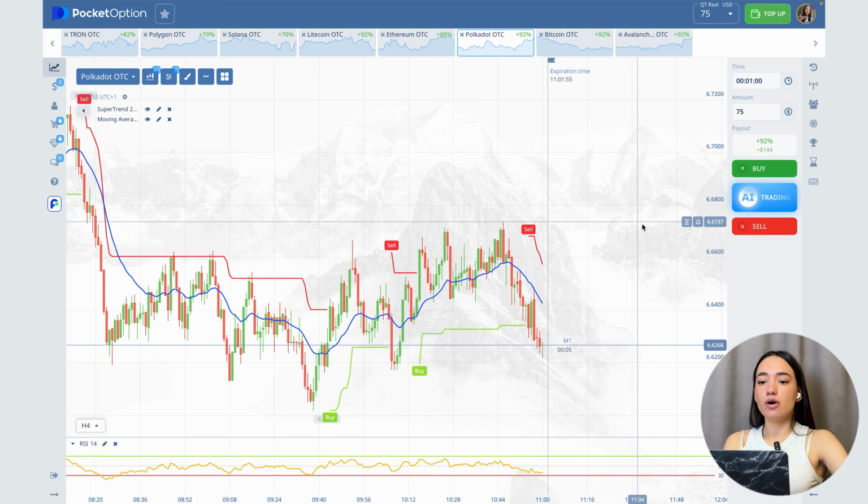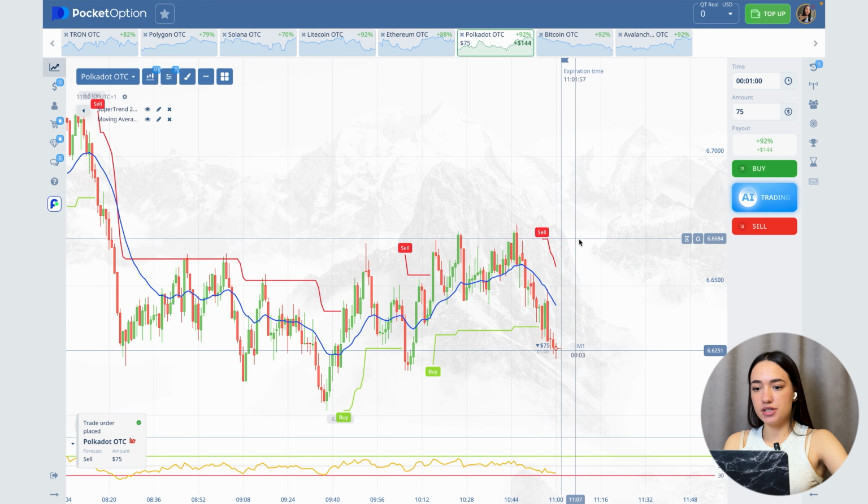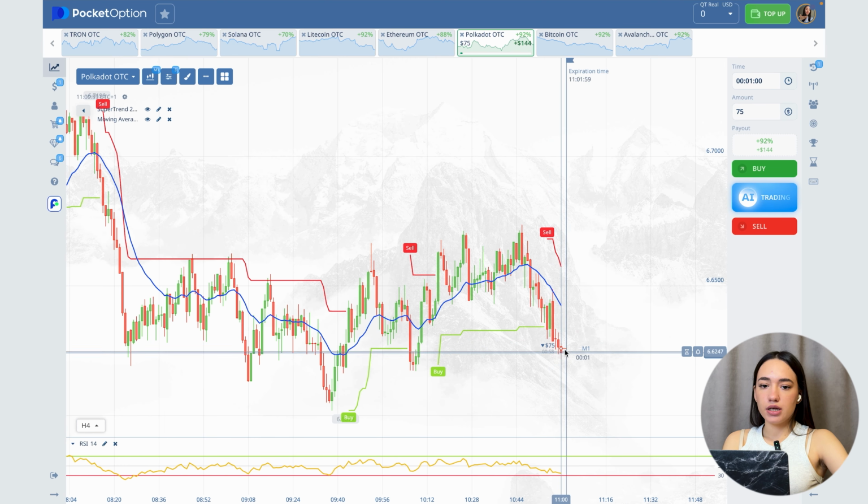We're starting with 75 dollars in the account, and I hope everything will go according to plan. So wish me luck, guys, and let's get right into it and pick our first asset to open the most profitable trade.